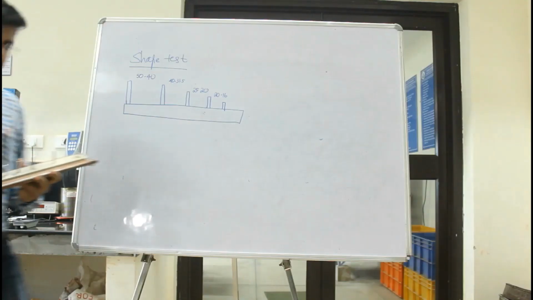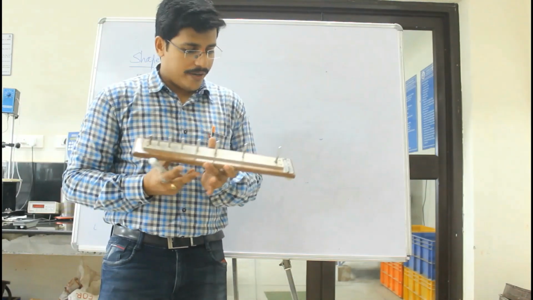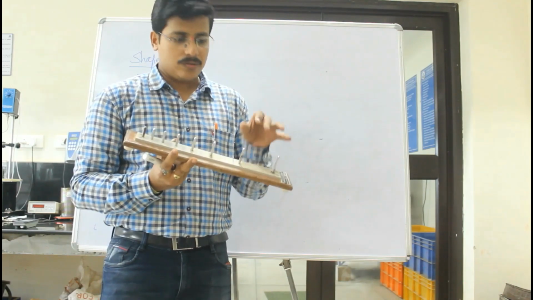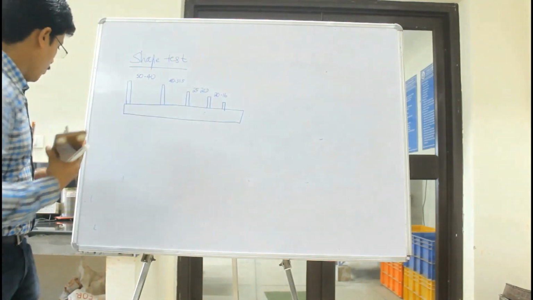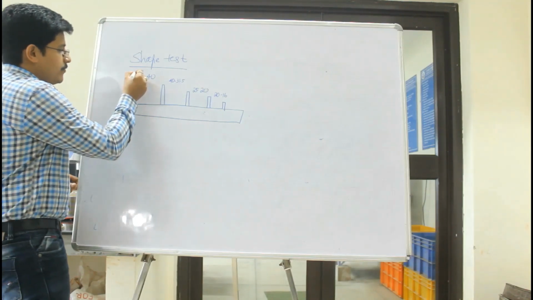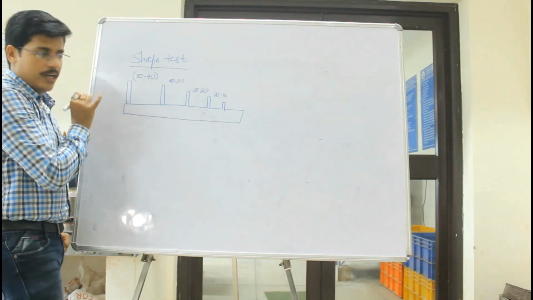For the elongation index, we saw there are certain openings here. So now what is the length or the width of this particular opening? It has a particular meaning, so we'll see what that opening means. Now if we draw the diagram here, you can see it is 50 mm sieve passing and 40 mm sieve retained aggregate size.